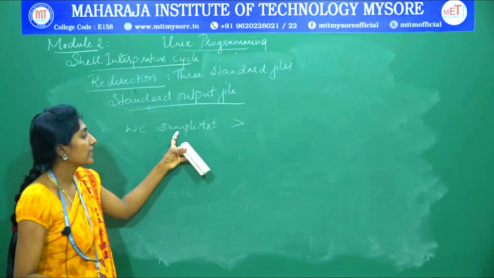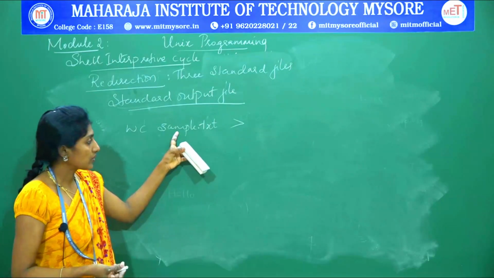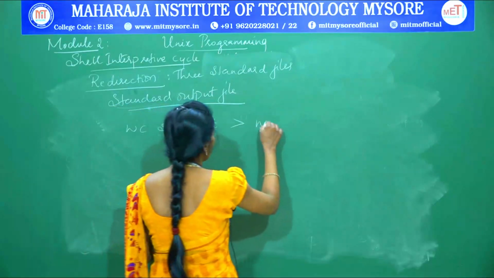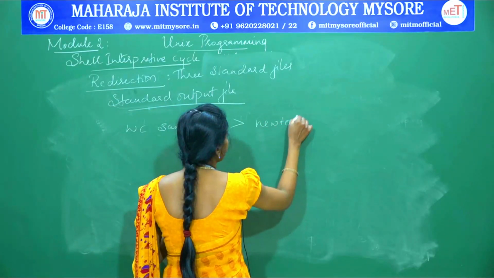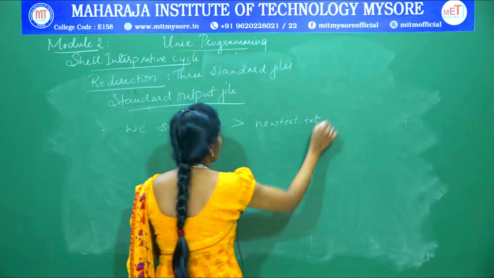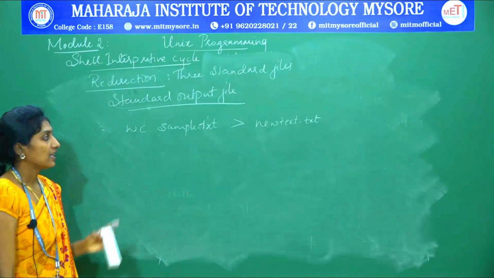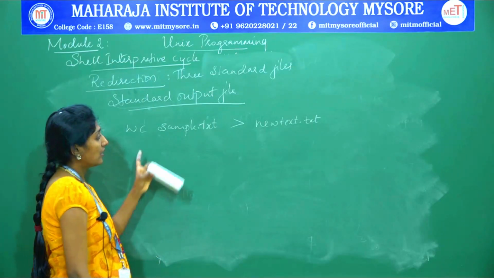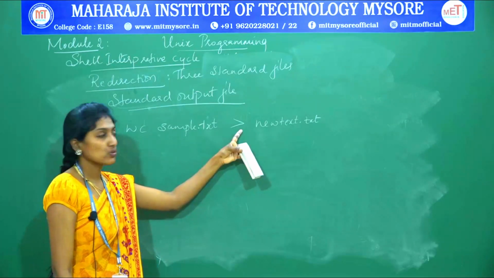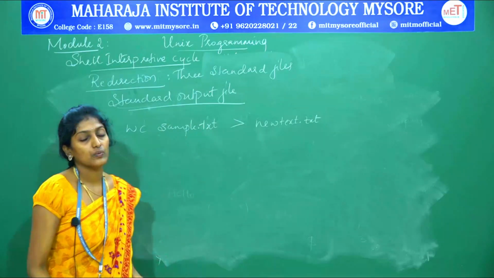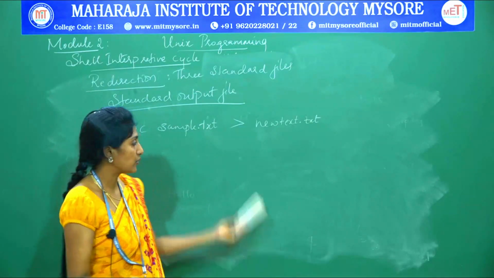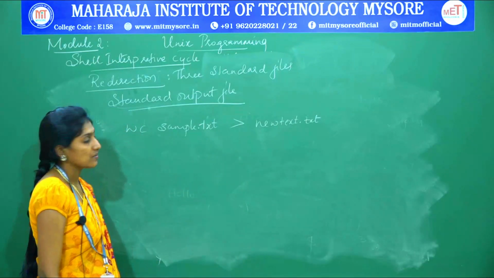That output will be redirected to the new file which you have given, like new text file. So this is how the redirection symbol is used with the standard output file, which means you can output the content of one file to another file.